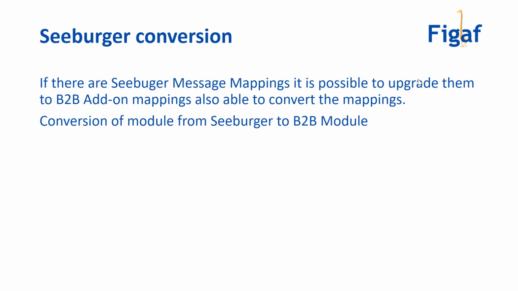One of the other things we also have is a Seeburger migration tool. So if you're using Seeburger, we will be able to convert them to message mapping with just a few clicks. So that also saves you quite a lot of effort. These tools are not integrated at the moment, maybe in the future.